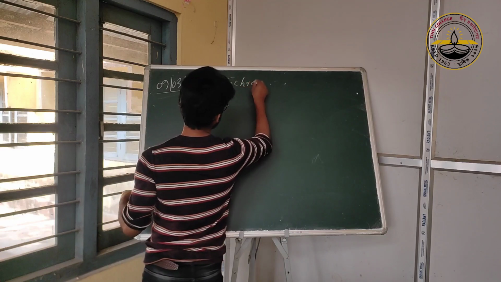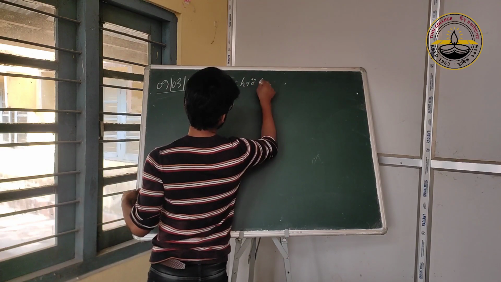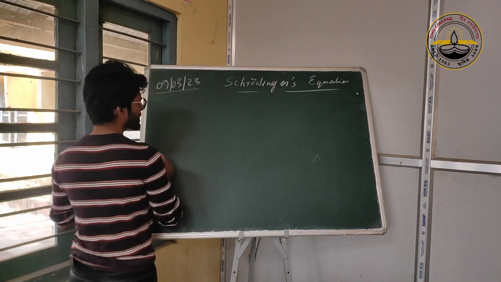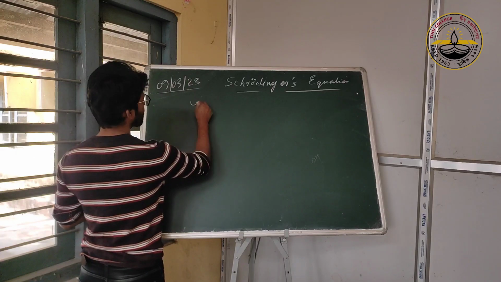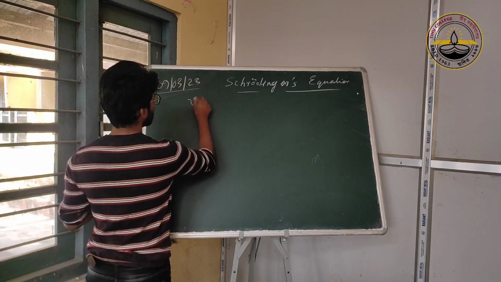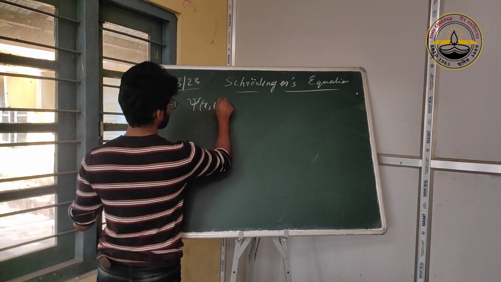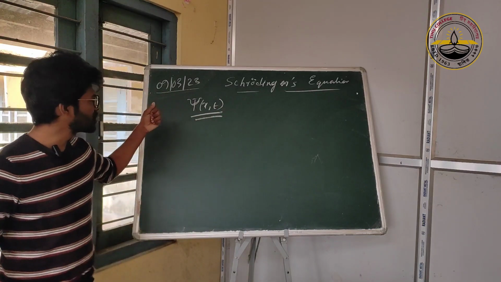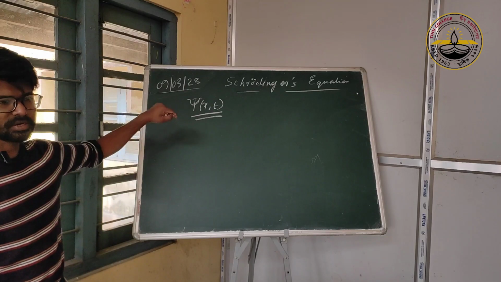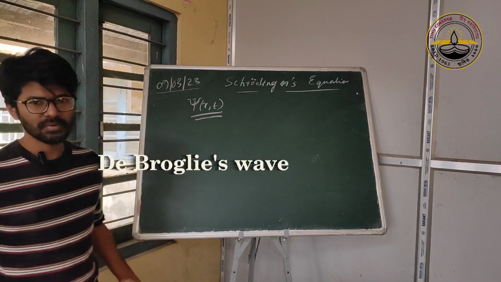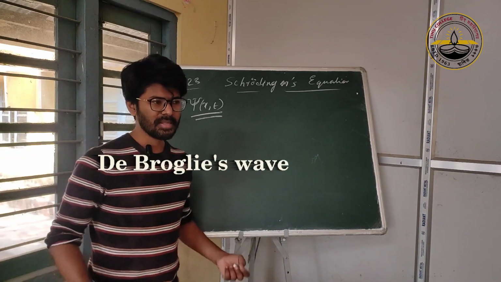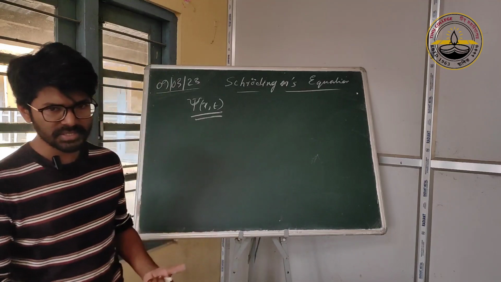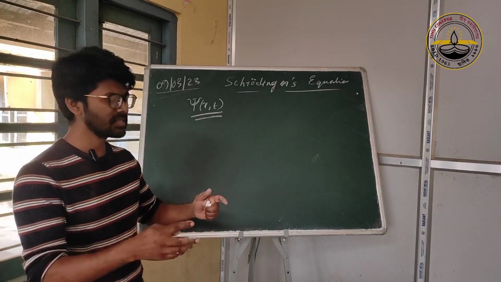Schrodinger's equation, continued. It is the equation from which we get the wave function. We were introduced to the wave function before that through what? The Born wave, right? That is our wave function that gives us the probability density.